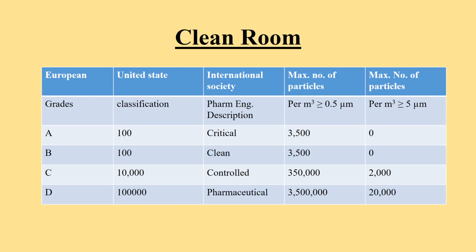So the maximum number of particles that will be allowed: for grade A, it will be 3500, for class B, it will be 3500, for class C, it may be 3,50,000, and for class D area, it will be 35 lakhs.